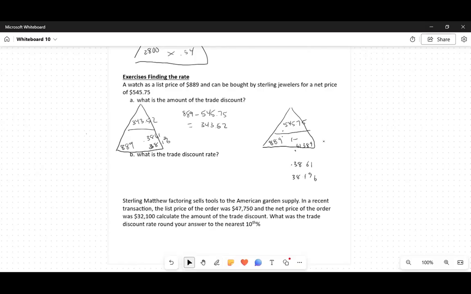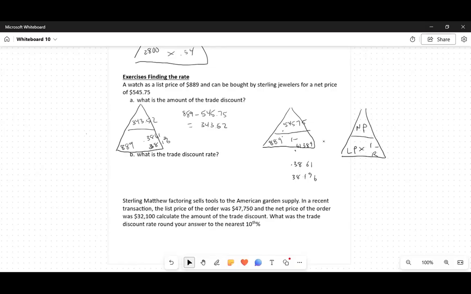So keep in mind, if I'm dealing with the net price, I want to subtract my answer from 1. If I'm dealing with the discount amount, I don't need to do anything. The first one is more like the portion formula, and this one is what we might call the net price formula. It would look like this: list price times 1 minus the rate equals the net price. And I believe that's in your formula sheet.